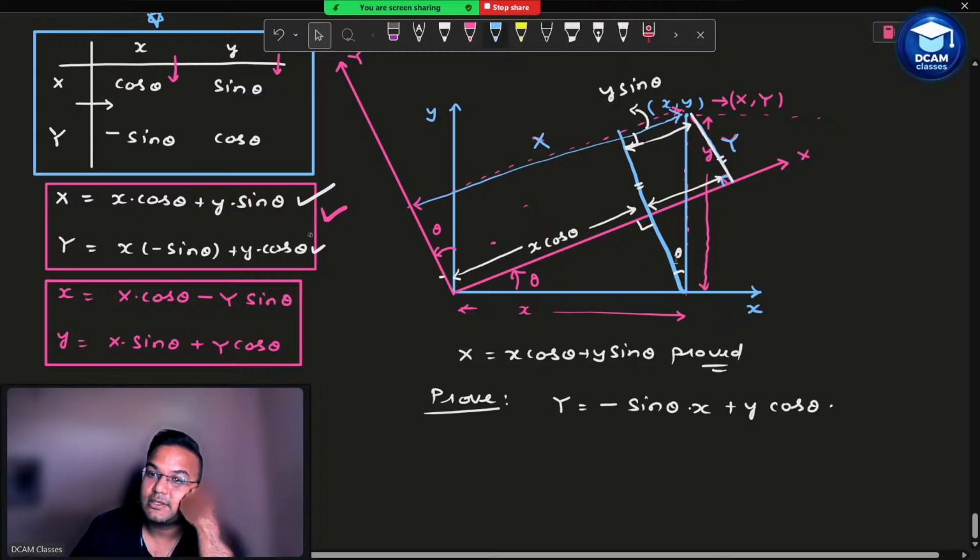You have this y distance, small y, the vertical one. You have this point. Now capital Y is this with respect to the new axis. Correct? Able to see?